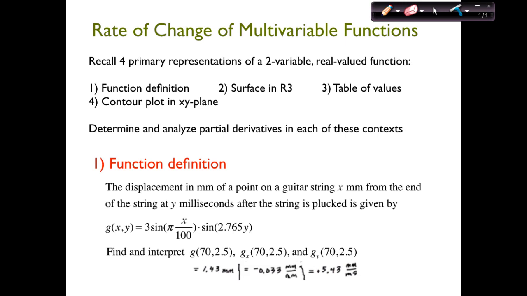So did you get this? I got these numbers. I got 1.43 millimeters for the first one. Negative 0.033, and the units would be millimeters per millimeter. Did you get that for the second one? Yeah, these are radians. So yes, the sine and cosine functions are in terms of radians.